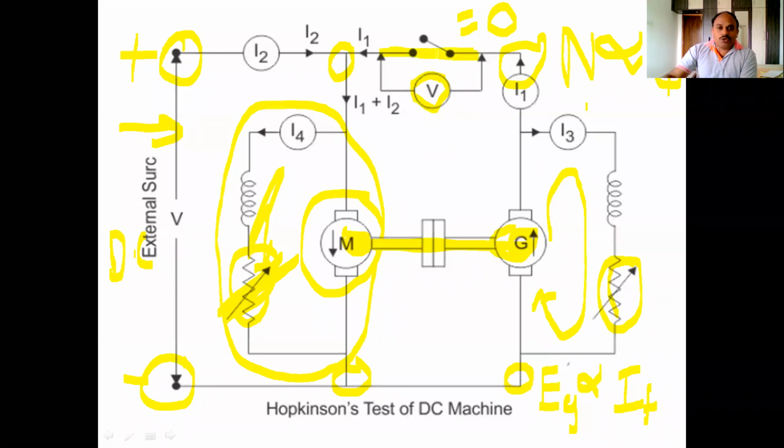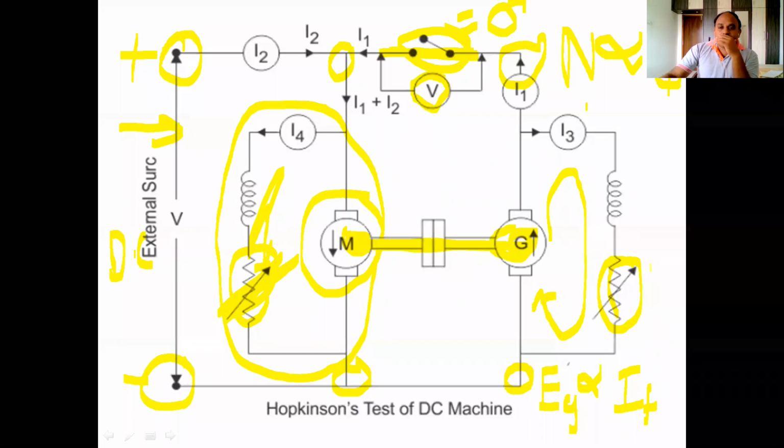Closing the switch means the generator and motor are electrically connected; otherwise, they are only mechanically connected. The switch is closed when the voltmeter reads zero.